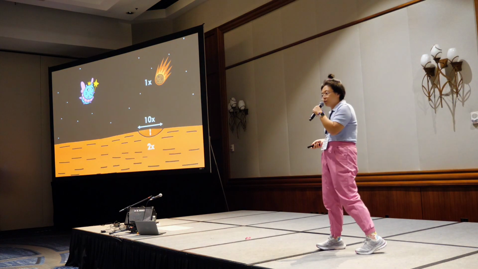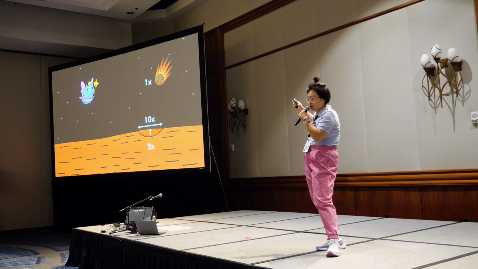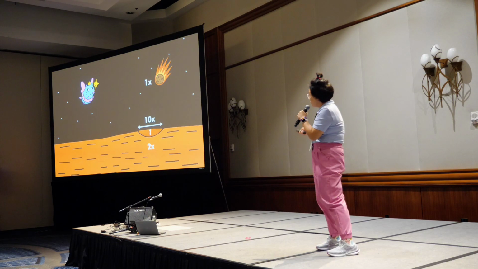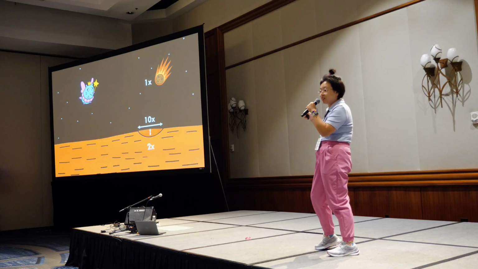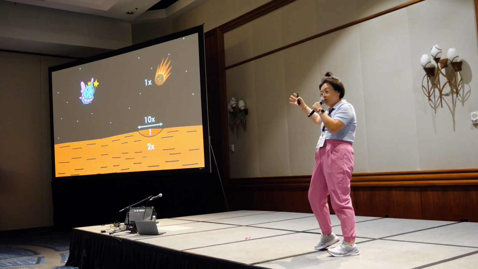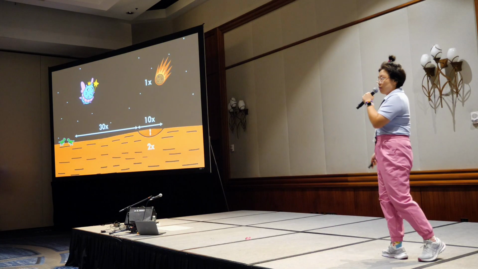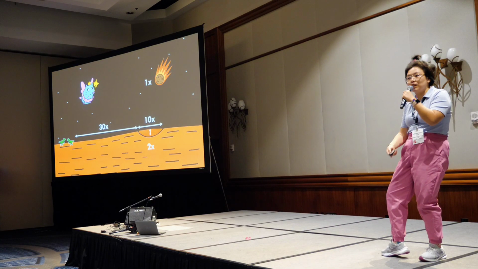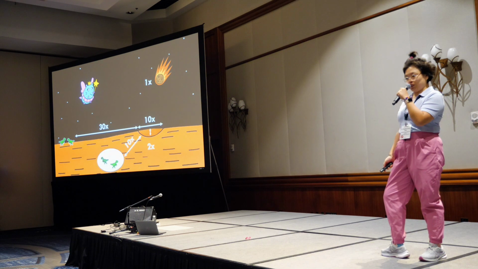So with all the experiments I did, I can tell you that if we use the asteroid as a measuring stick, the crater it generates is about 10 times the size in diameter and about 2 times in depth. If we want to stay away from the blast of the ejecta, we need to be at least 30 times further. If we want to stay in a cave underground, we need to be at least 10 times further.